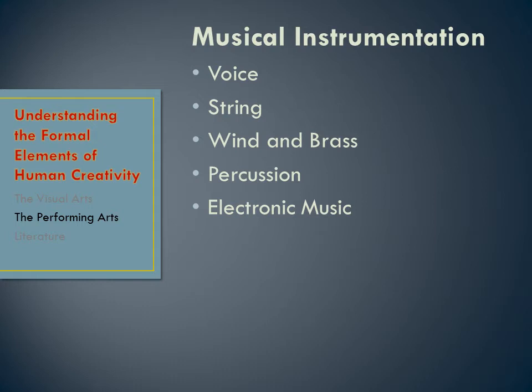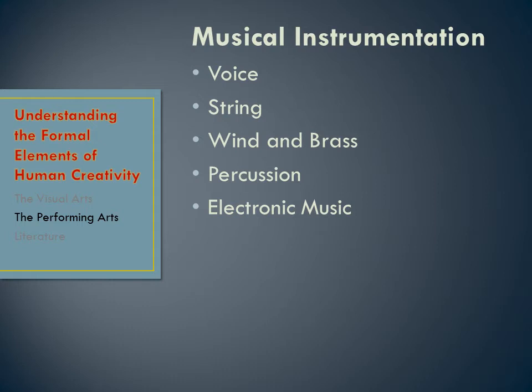Interestingly enough, pianos are considered to be more percussion than string instruments because as you push down the key, there's a little hammer inside, and the hammer is actually hitting the strings, and that's what produces the sound. It strikes the strings, and percussion instruments are instruments that produce sound by something striking something, and that's why pianos are considered to be a percussion instrument.